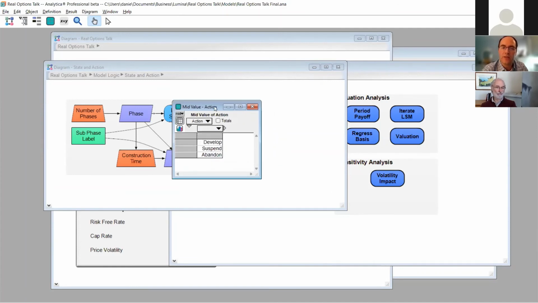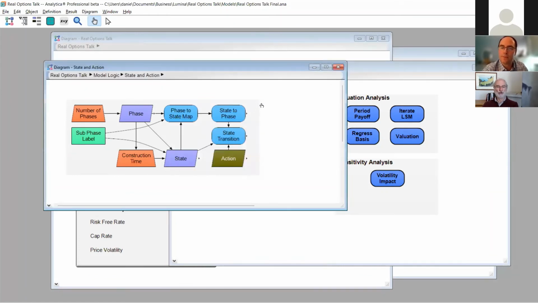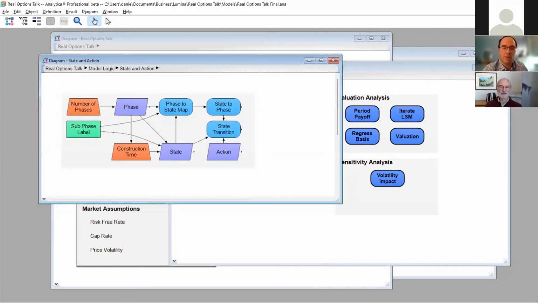You could also use a different stochastic process to model the learning process. So each time you invest, you have an updated expected cost of the project. So for example, for a pharmaceutical company.